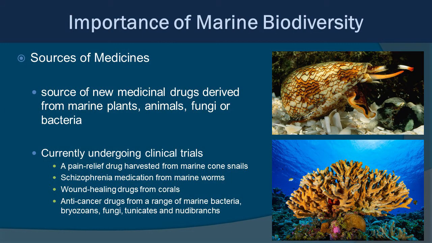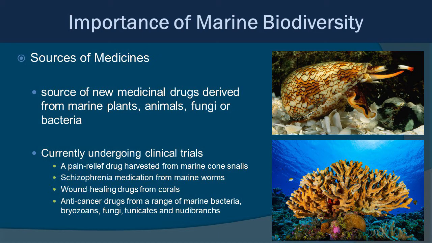Here's one that you might not have thought of before. Sources of medicine. New medicines actually are derived from marine plants, animals, fungi, and bacteria. Essentially, we are looking for natural chemical compounds. Here's an example of a few that are undergoing clinical trials.